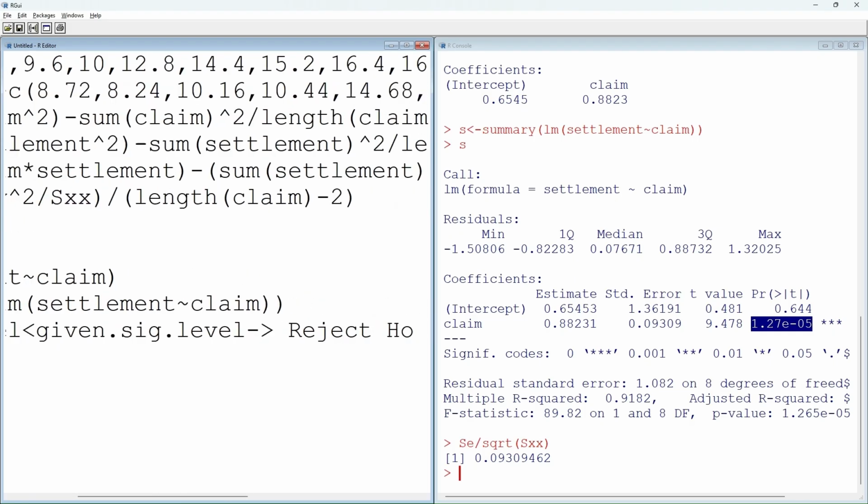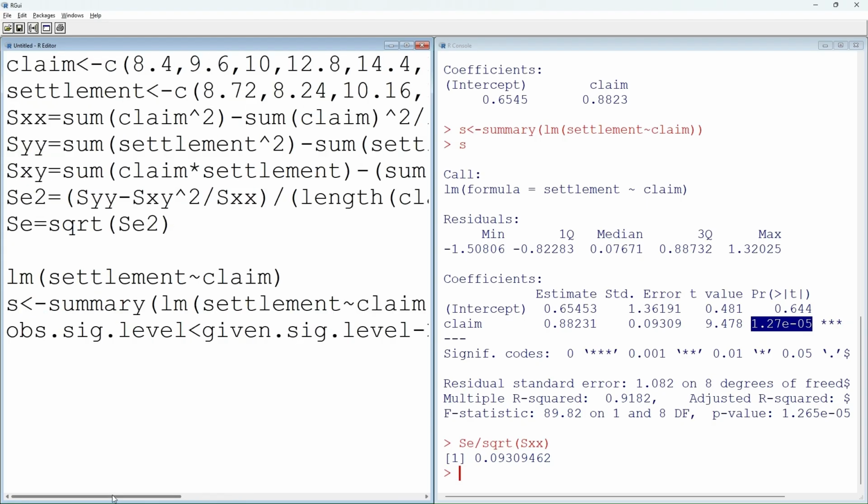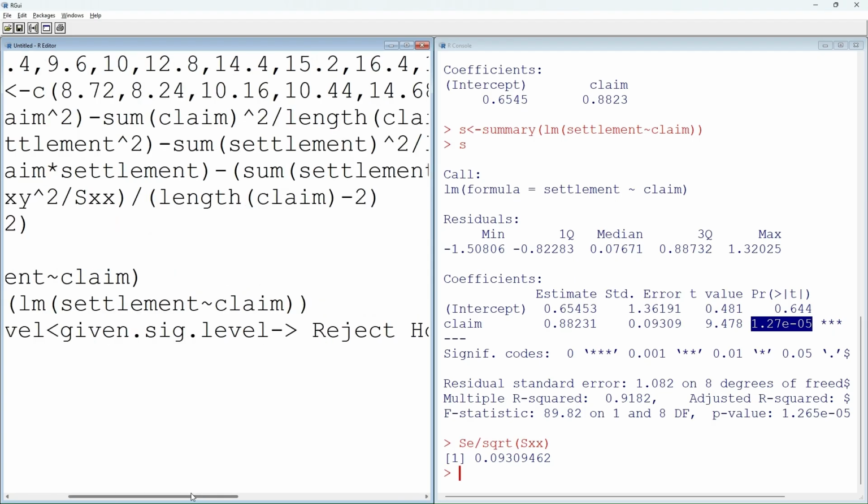That's always the case. I'm going to explain that in a minute, but quickly, if the observed level of significance is lower than the given level of significance, then we reject the null.